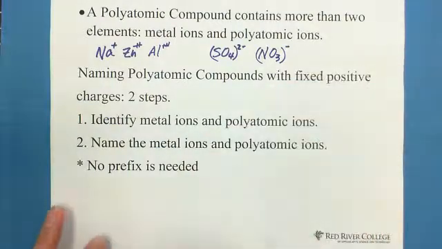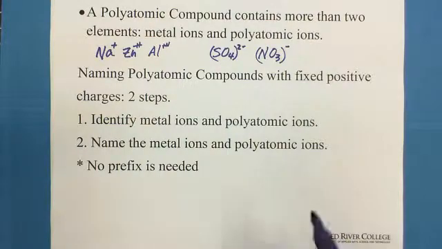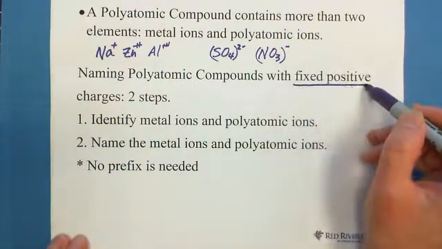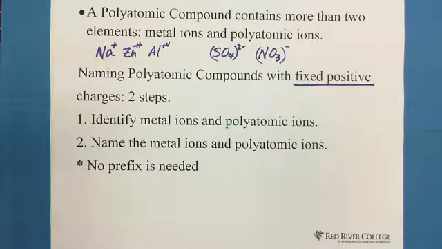So we have a lot of polyatomic ions. This session is mostly about naming polyatomic compounds with a fixed positive charge, because for metals we have fixed charge and variable charge. Transition metals have variable charge.